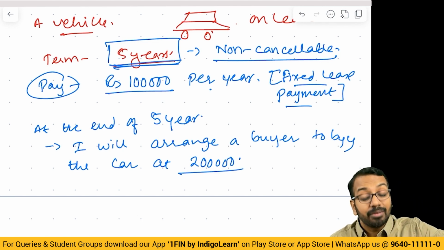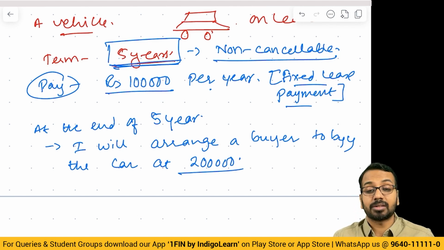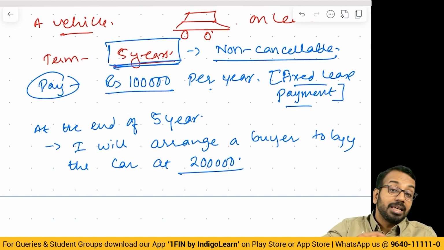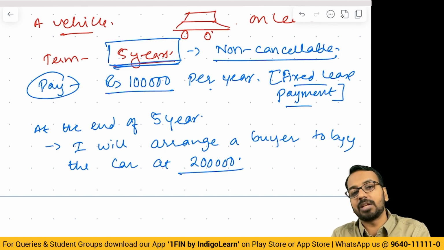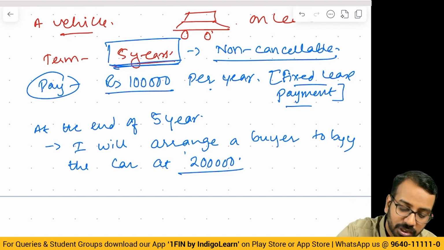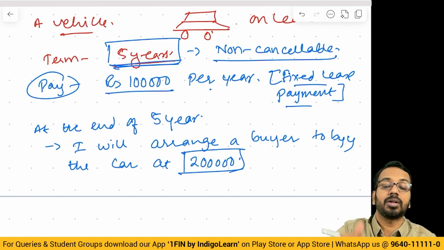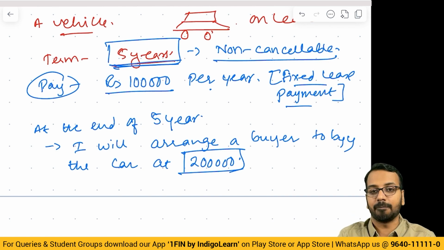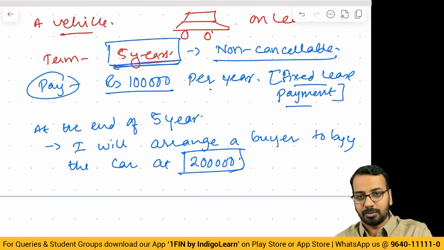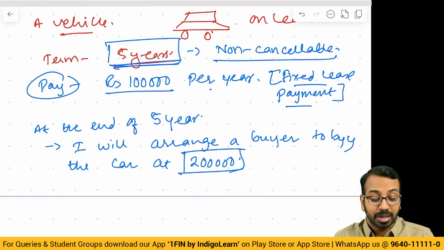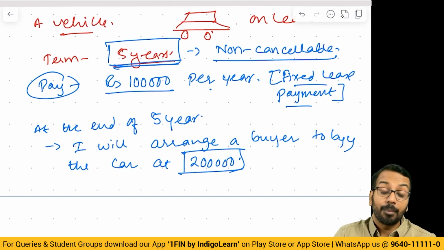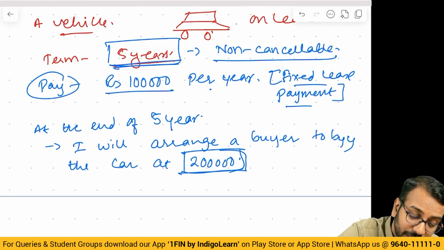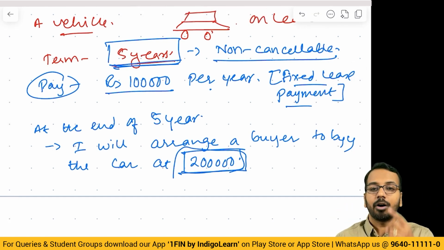What I am saying, I will get someone to buy the car at 2 lakhs, or I am giving a commitment that if you cannot sell the car to somebody else, either I will get a buyer or I myself will buy the car at 2 lakhs. Now, this is not a confirmed thing, or not a mandatory thing that I will buy. I am telling the lessor, or the owner, that I will use the car for 5 years. At the end of 5 years, if you want to go out and sell to someone, please go ahead and sell. If you don't find any seller, I am ready to take it for 2 lakhs, or I will get a buyer for 2 lakhs.